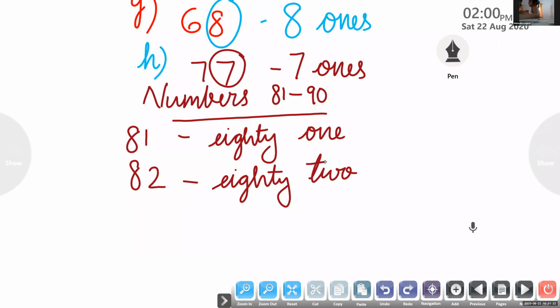What is the meaning of 80? It's one ear.